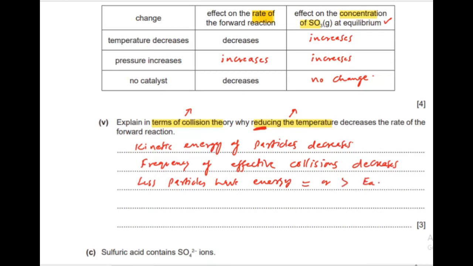So if you have a smaller proportion of particles with energy equal to or more than the activation energy, you can say that the rate of the reaction decreases. So these 3 points are there, and the examiner has already told us that the rate of the reaction decreases, so there is no need to copy that statement.